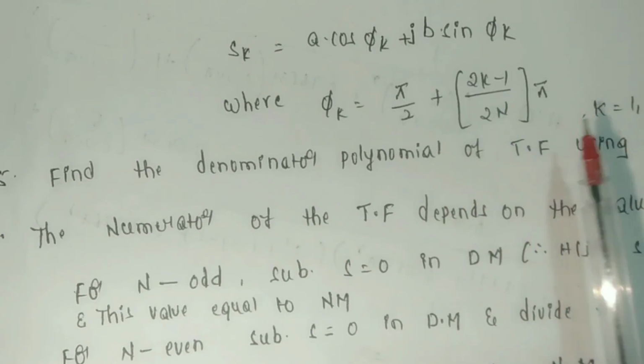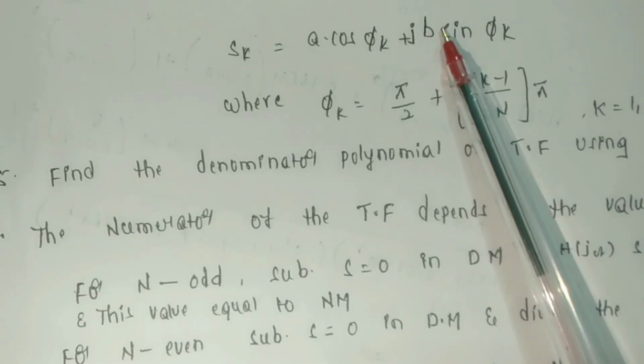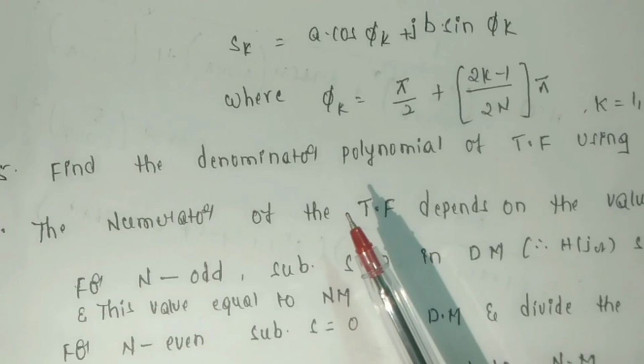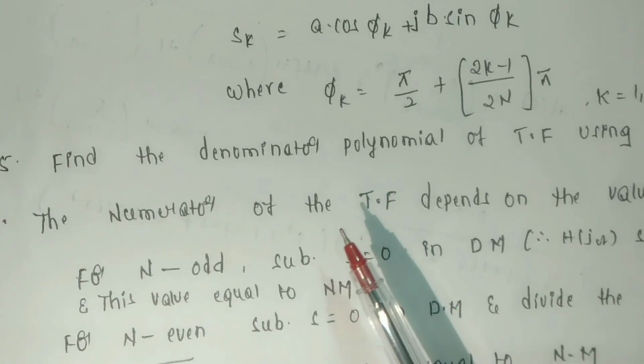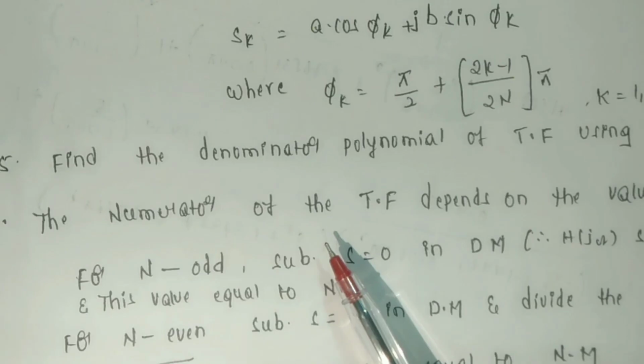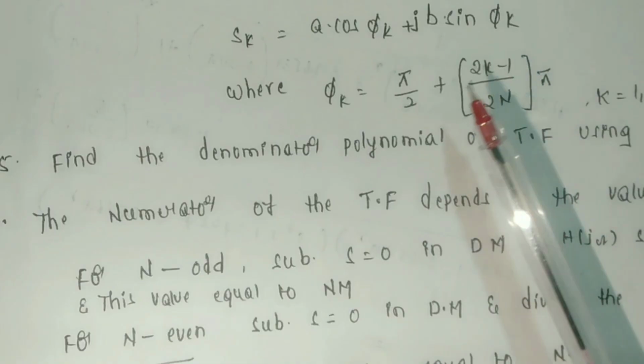Here s1, s2, s3 are the poles we have derived using the above formula, and after that we have to derive the numerator function. The numerator function N of s is given by substituting s equal to 0 in the denominator equation, and here you have to look at the order.